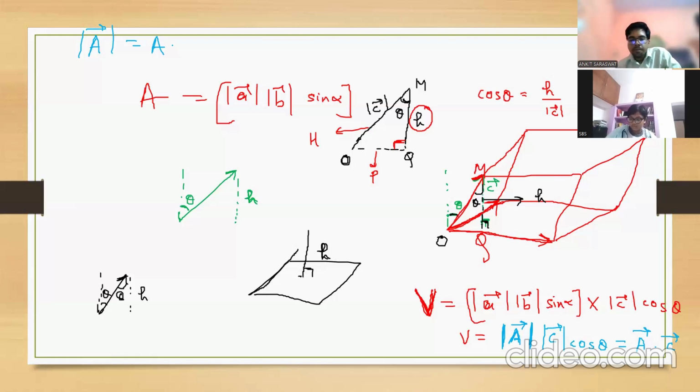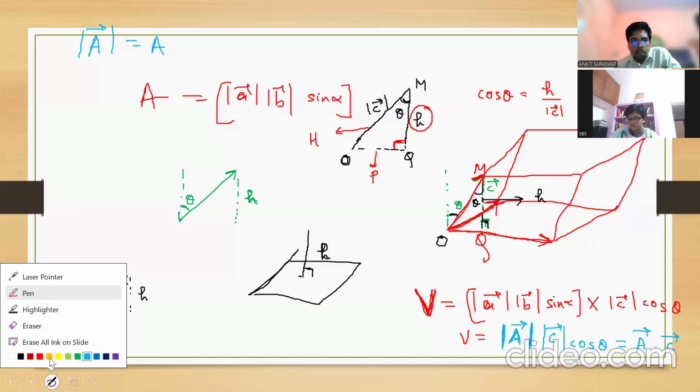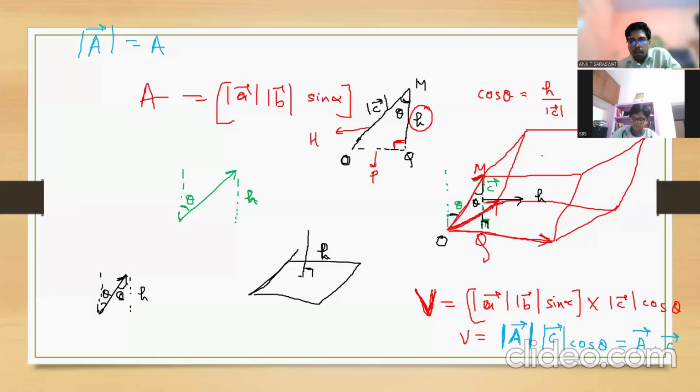Now see, A dot C. Volume is what? What you got? A dot C. And what is A vector? A cross B dot C. Can we write?